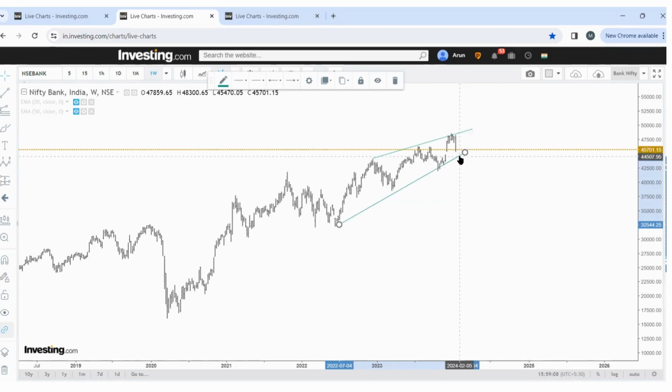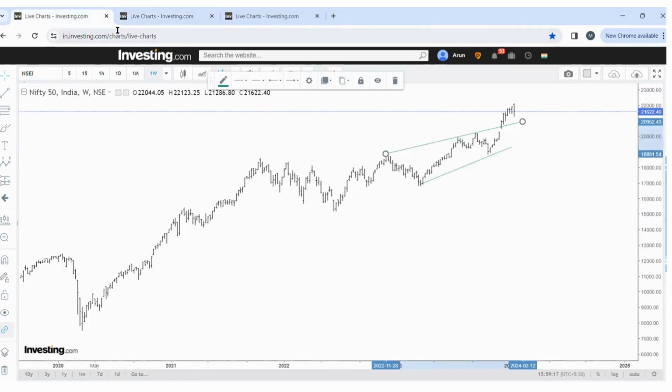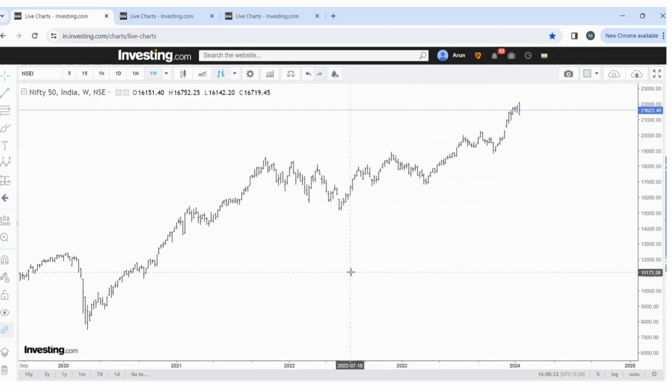So I thought we could analyze from the 2020 low, so we can get some meaningful interpretation of the charts. We'll start from Nifty. In this video, we are going to analyze both indices, Nifty and Bank Nifty, in both views, bullish and bearish, because I have a bullish count in Nifty, but Bank Nifty has a bearish count as of now. We don't know which one is going to follow the other.